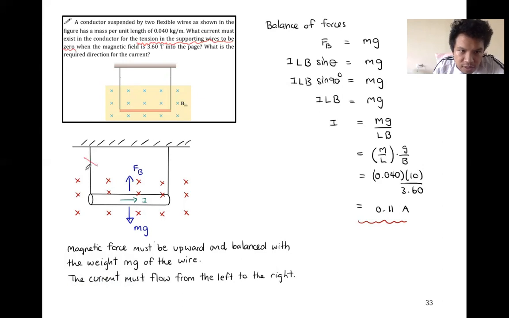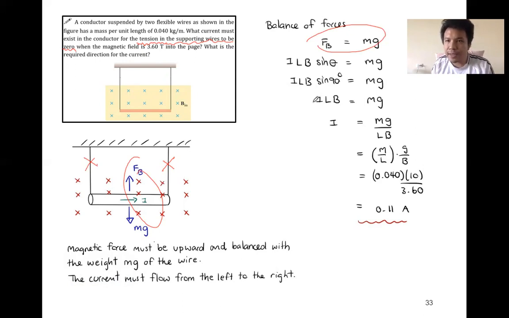If the tension in the wire is 0, we need to say that F_B is equal to mg, or the magnetic force and gravity are in equilibrium. For the magnetic force we use the formula ILB, and then we need to find I using the information from the question.